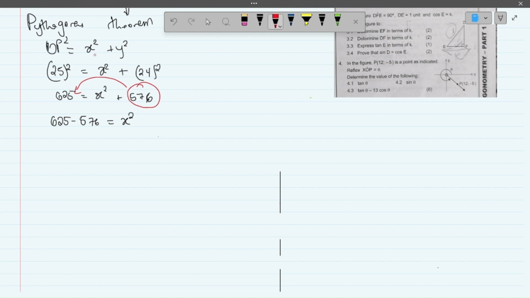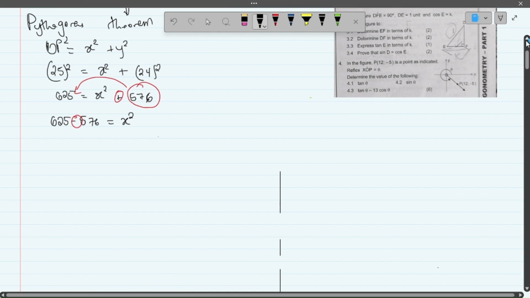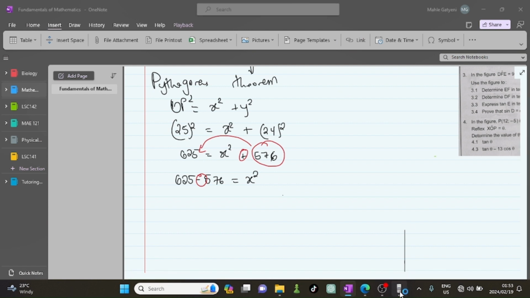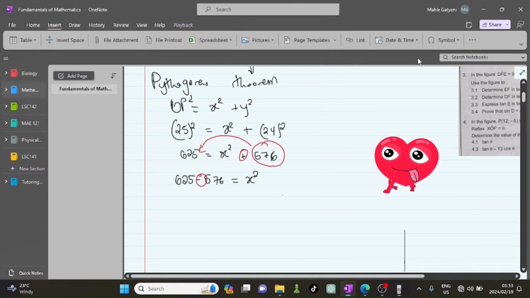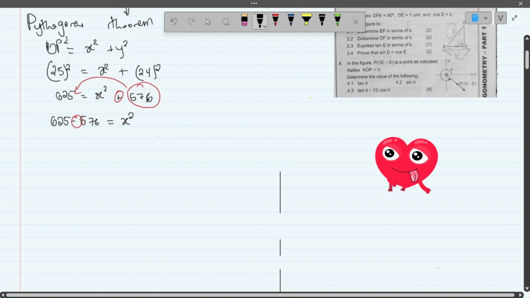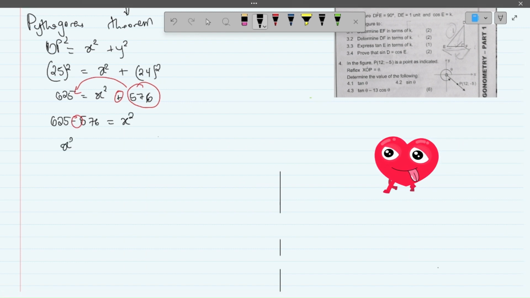You know that when it goes over the equal sign, it changes the sign from positive to negative. I won't dwell on that. 625 minus 576, we're left with 49. So X squared is equal to 49.